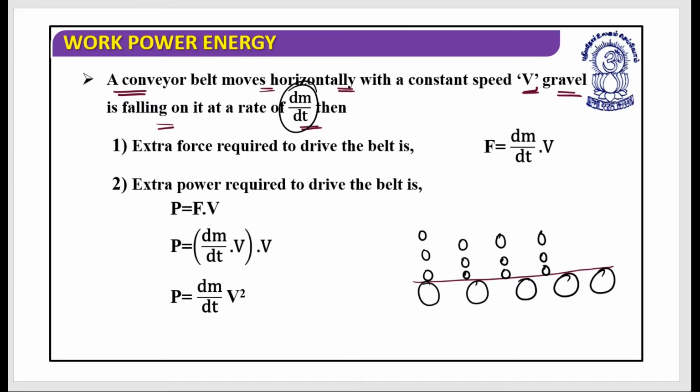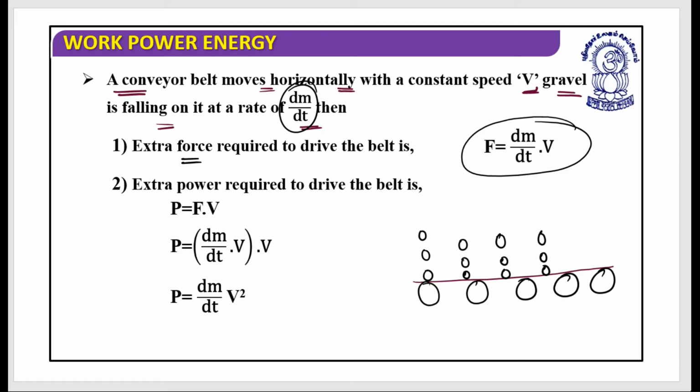So if I want my conveyor belt to keep moving with the same speed, what I require is a force that is equal to v dm by dt. Now one question should come into your mind: according to Newton's first law, if an object is moving with constant speed, then no force is required to keep it moving. Then why are we applying a force here?